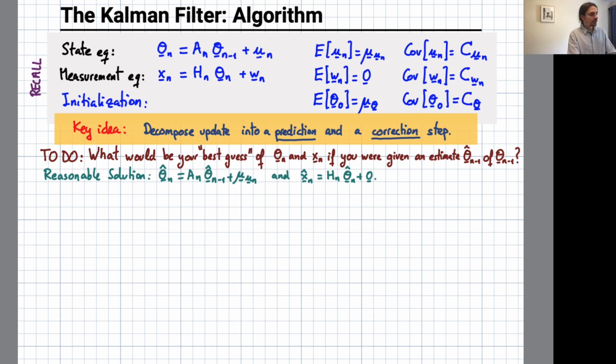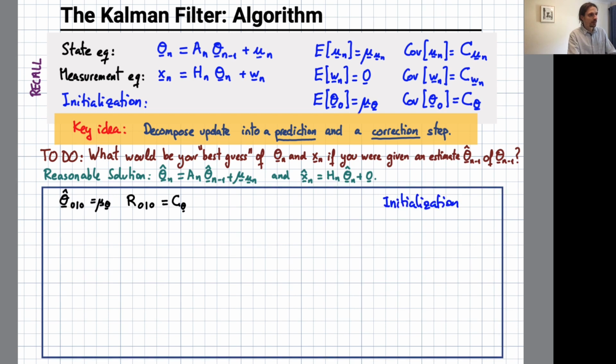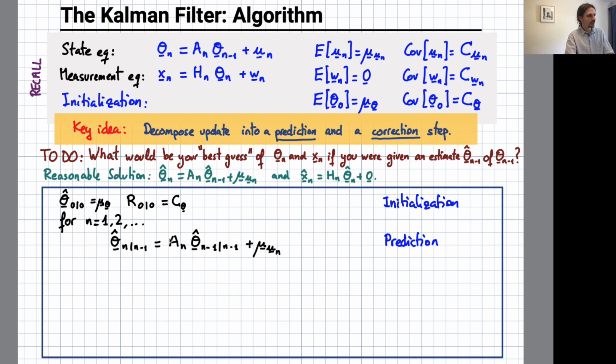So let us look at the iteration. This is going to be pretty similar to the iteration for the sequential LMMSE estimator that we saw earlier today. We again start with an initialization, and then at every iteration we will perform the following steps. But remember, we will decompose the iteration into a prediction and a correction step. So this is the prediction.